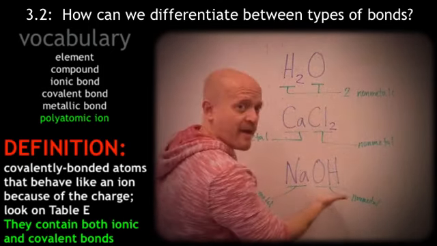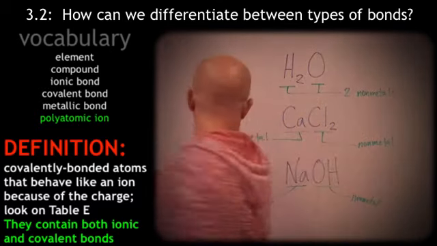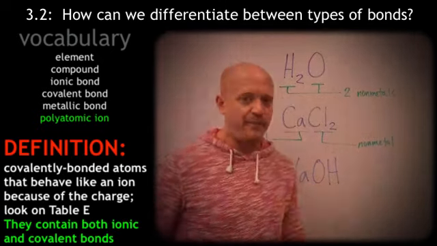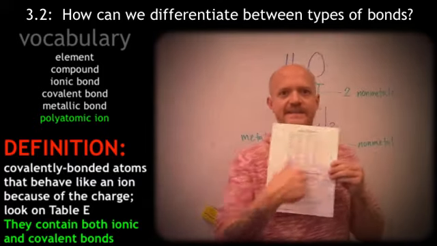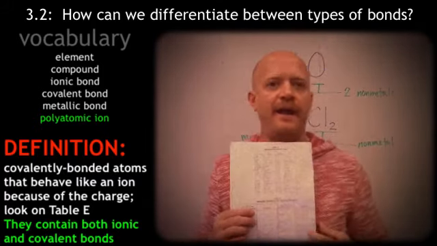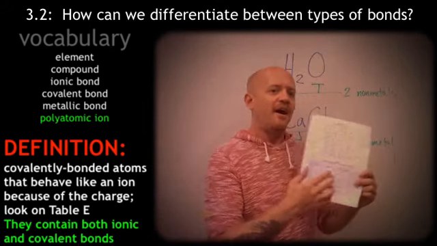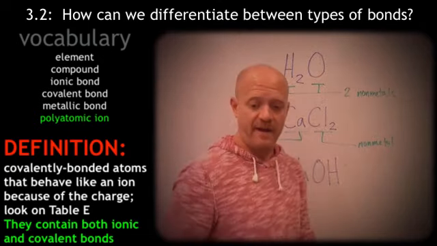Here I see sodium, oxygen, and hydrogen. If you see more than 2, in other words 3 or more, you're going to have to look at table E. If you have one of these substances in table E, these are called polyatomic ions. And polyatomic ions just means that you have covalently bonded atoms that are behaving like an ion.